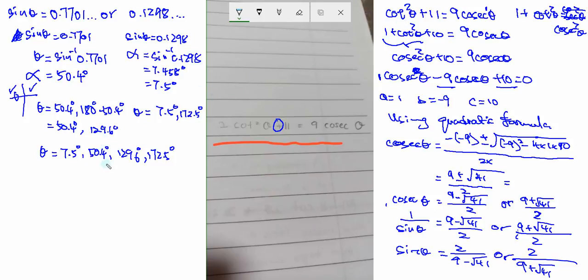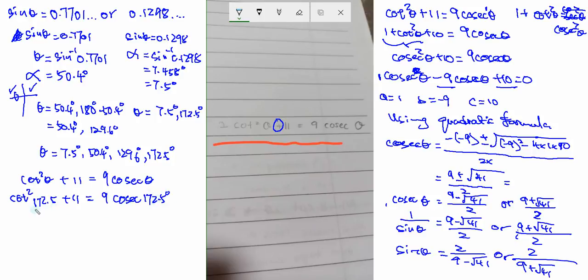Now to know whether these angles are correct or not, we can always take one angle and substitute here. Cotangent square theta plus 11 equal to 9 cosecant theta. Let's pick this last value. So it's cotangent square 172.5 plus 11 is 9 cosecant 172.5.